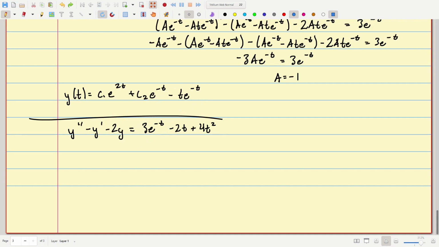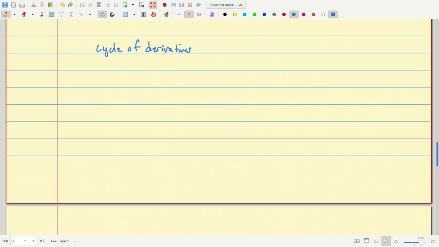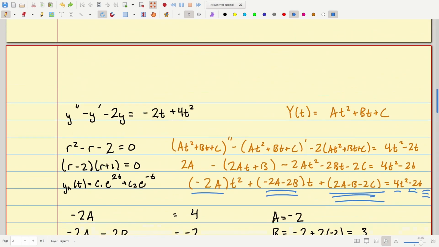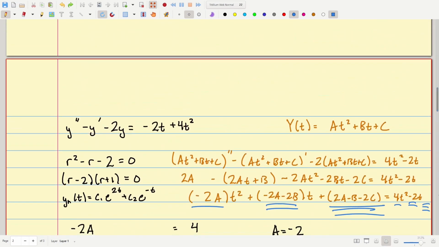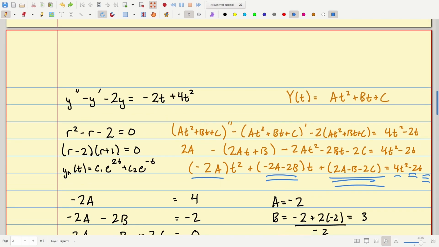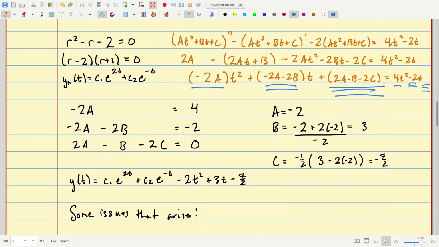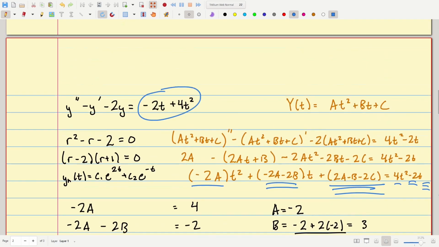I should also get that out of this differential equation if I plug in this, because it's the same differential equation. Okay?